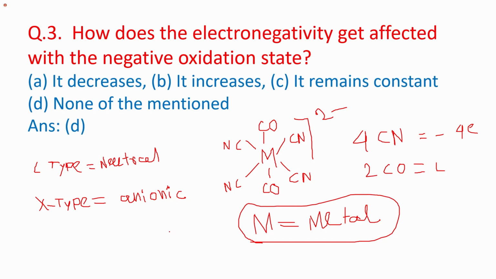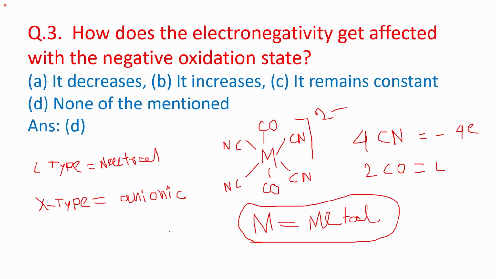So 4 CN minus attach to the metal M, which means we have 4 X type ligands. Now we have 2 CO ligands. CO is the neutral ligand, and neutral ligand means L type ligand. So 4 X type ligands and 2 L type ligands.